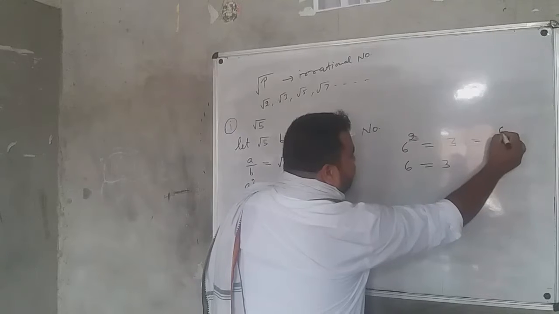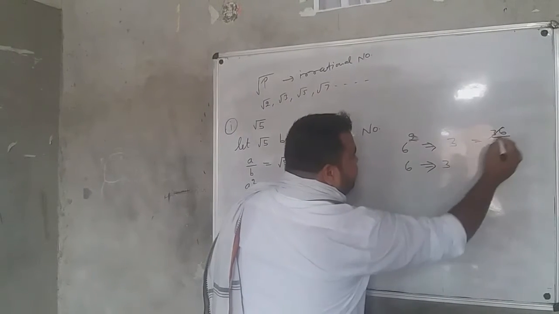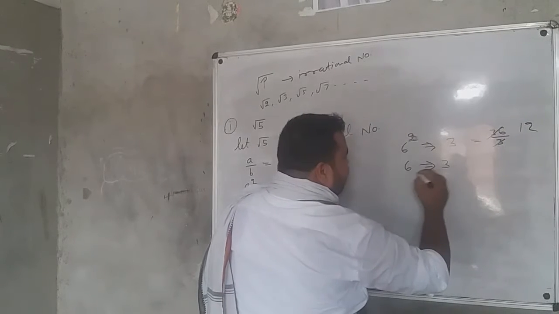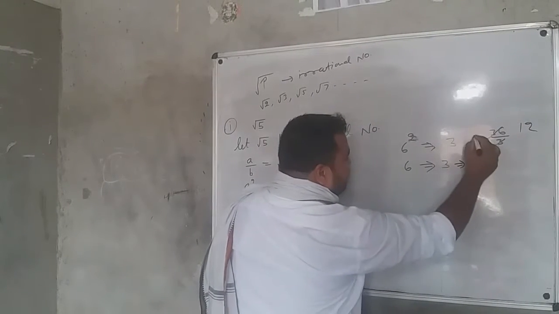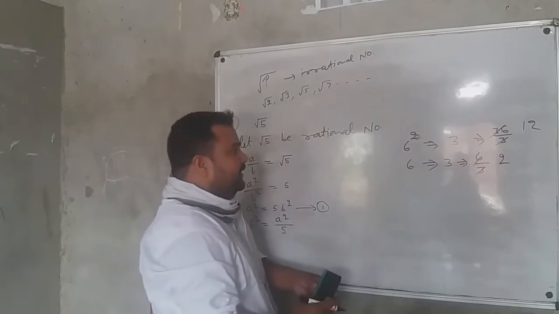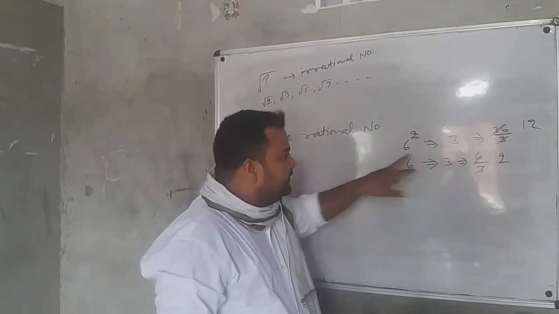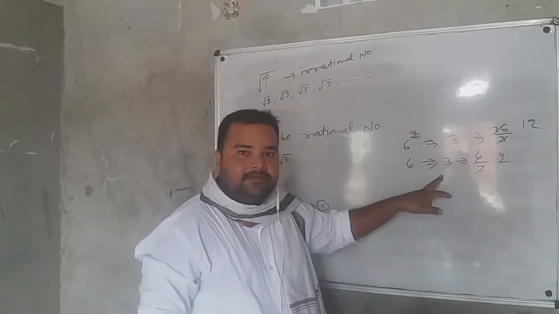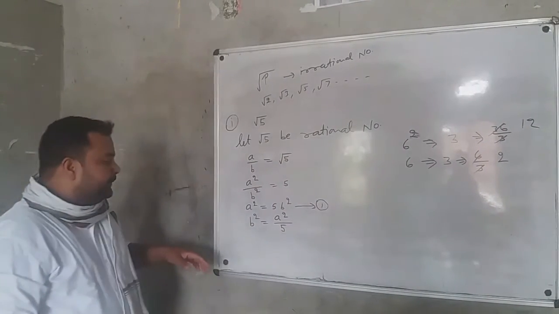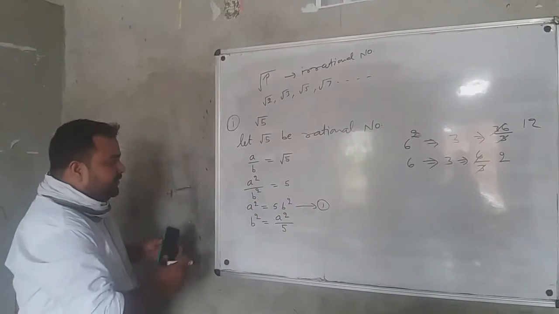Look, 6 square means 36 upon 3, it will go 12 times, and 6 by 3 is 2. So if a square is divided by 5, then a must be divided by 5.